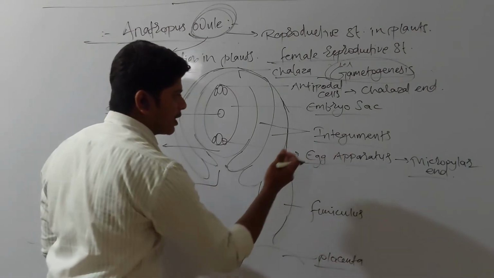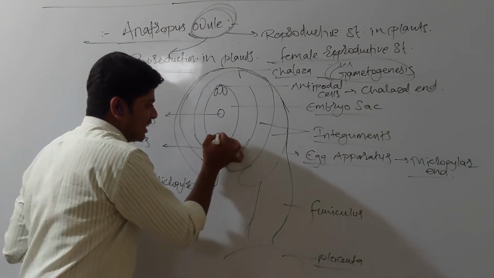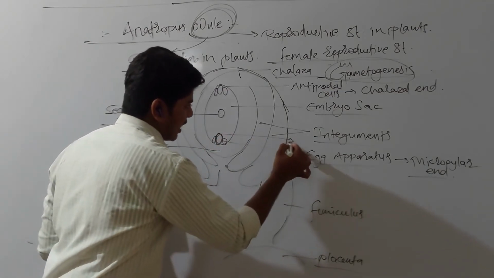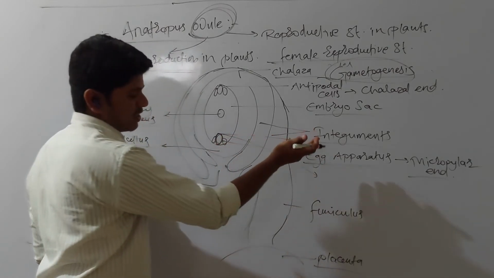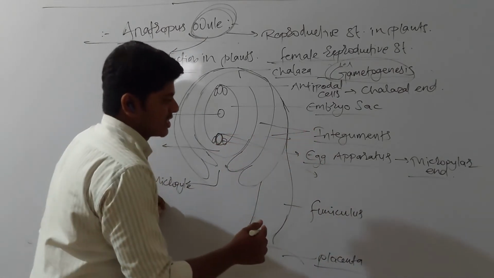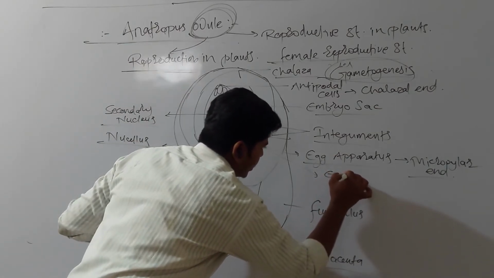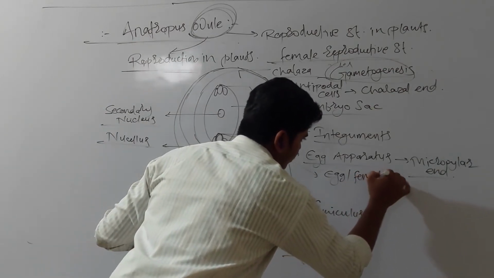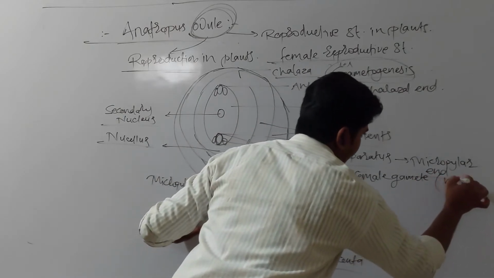Clear? What does the egg apparatus have? It has 2 types of cells. This larger cell lying in the center, let me draw this cell over here because there is no space there. This large central cell is the egg, a female gamete which is haploid.